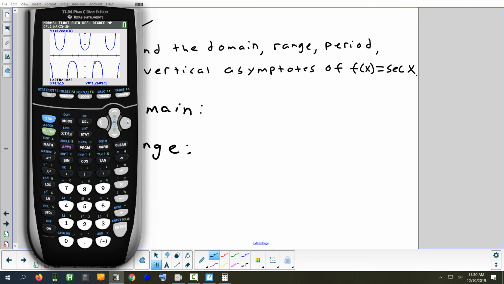So what I would have to do is calculate a maximum for the N shape, and see how high does it go. And my guess, it goes as high as -1. And what do you think the minimum would be for the U shape? +1. So the range is all numbers except those between -1 and 1, not including, because it does hit those.